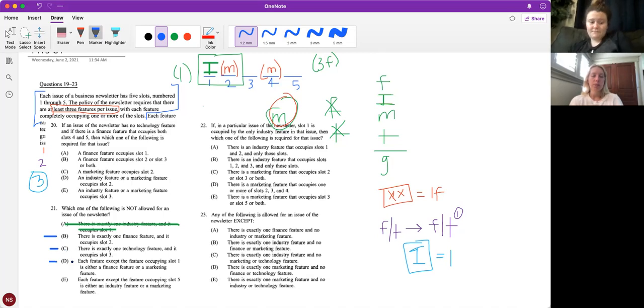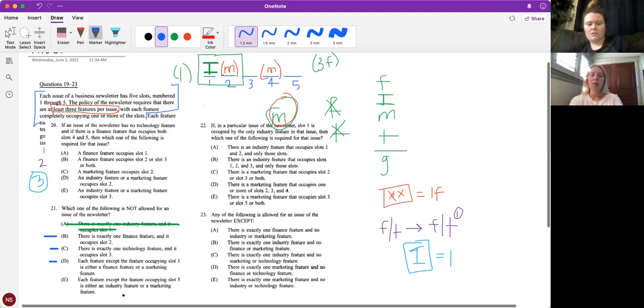And then E. Each feature except the feature occupying slot 5 is either an industry feature or a marketing feature. That doesn't work because we have to have finance or technology in slot 1, and we know that to be true. It's saying that 1 through 4 is either I or M.